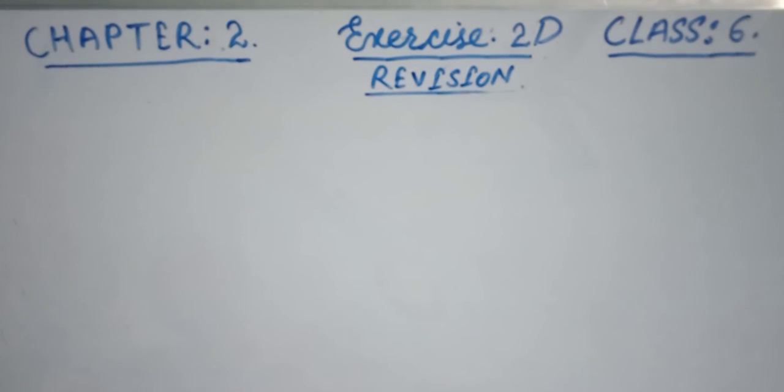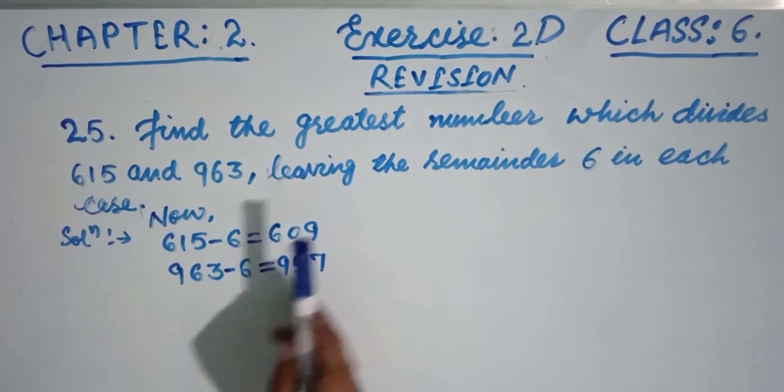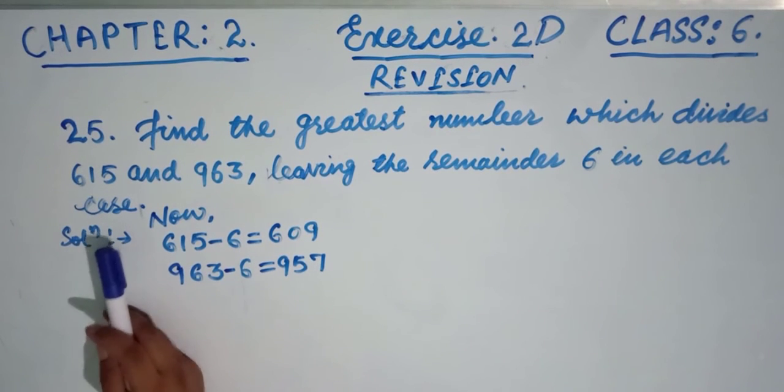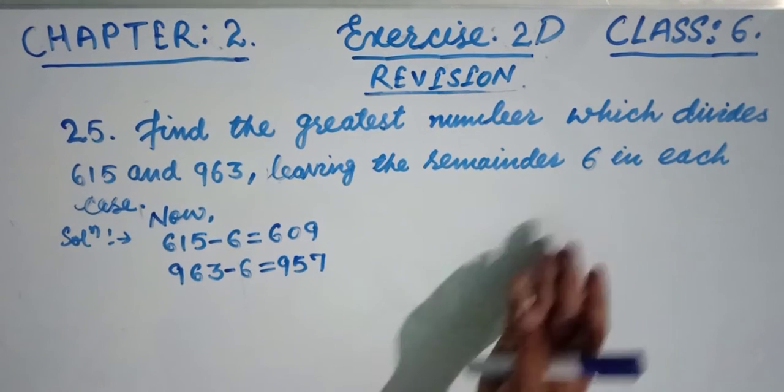First question. Question number 25 says, find the greatest number which divides 615 and 963, leaving the remainder 6 in each case. This means we have to find the HCF, provided that the remainder in each case is 6.